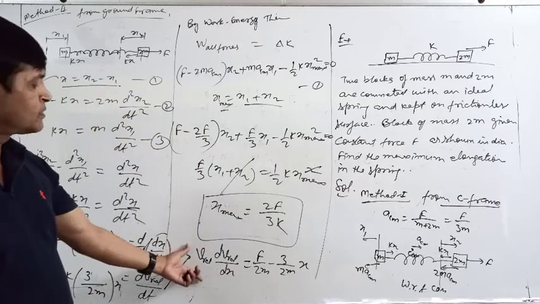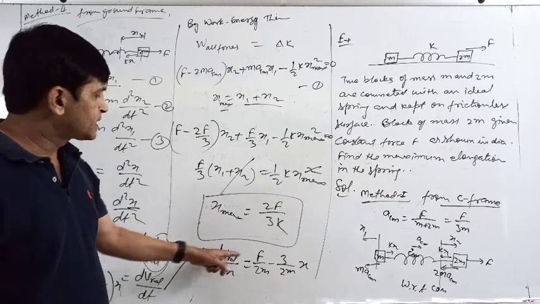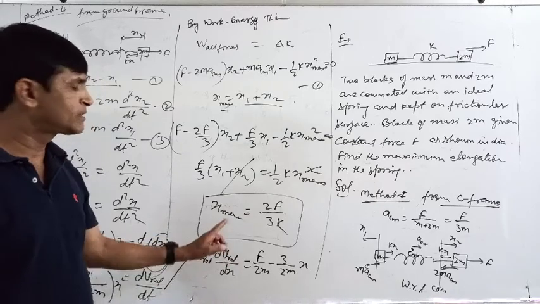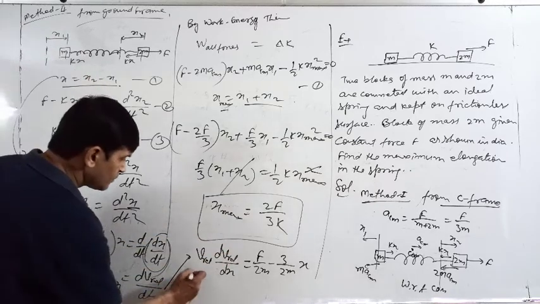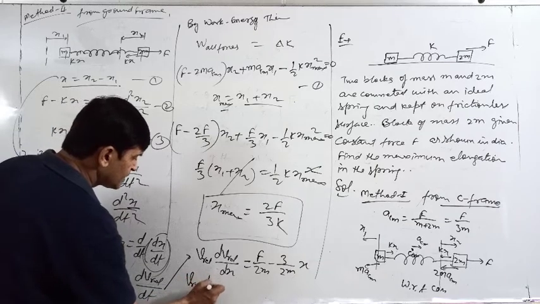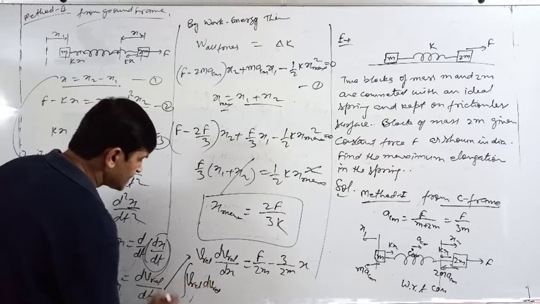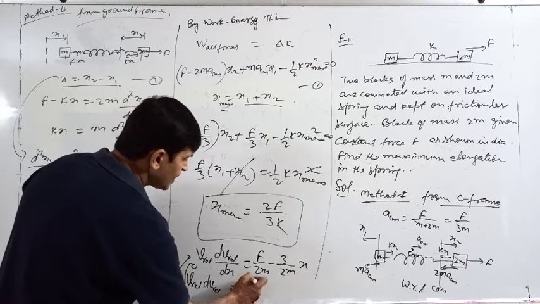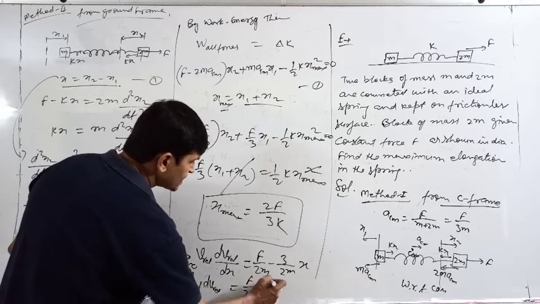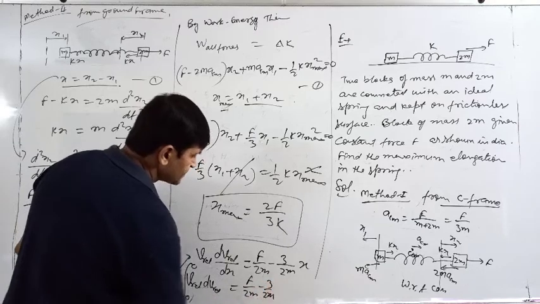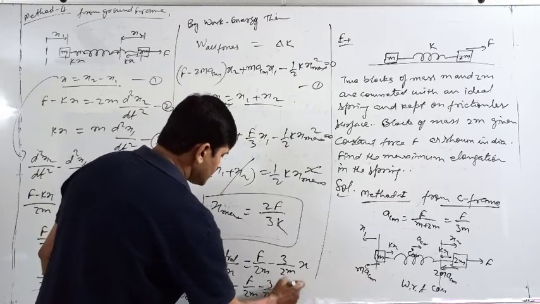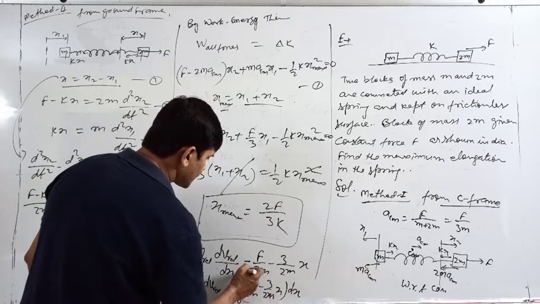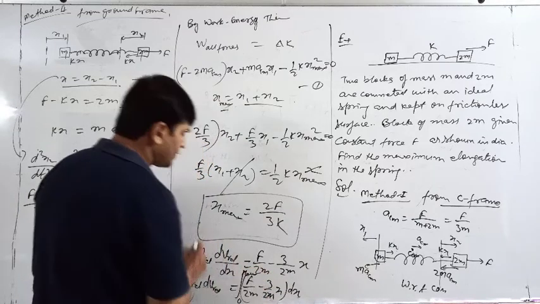Now, as we told you in the last example, when the relative velocity is 0, at that time the elongation will be maximum. So we write v relative dv relative integrated, with relative velocity 0 to 0, equals f by 2m minus 3 by 2m into x dx, with limit 0 to x maximum.